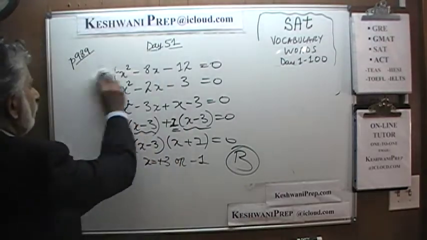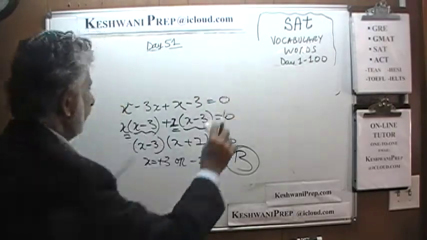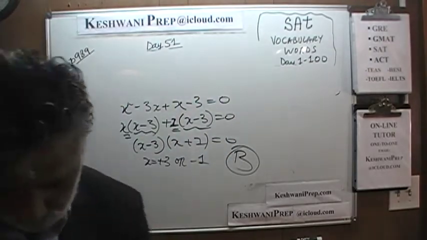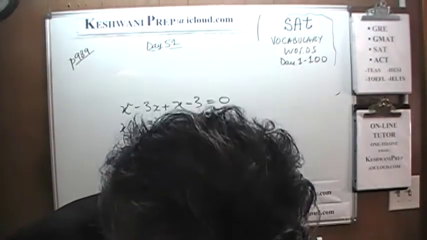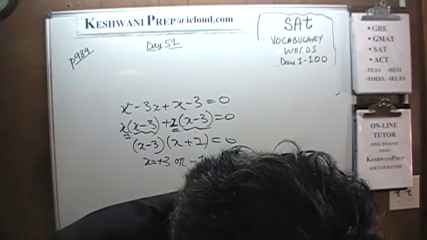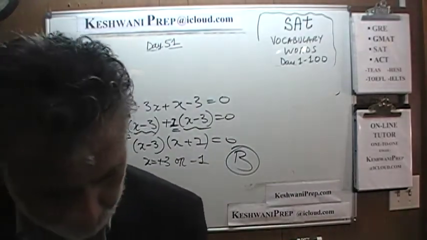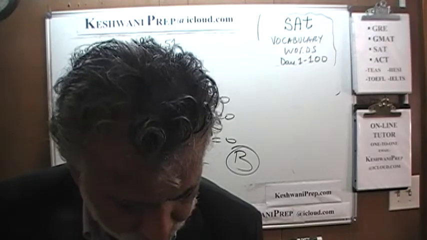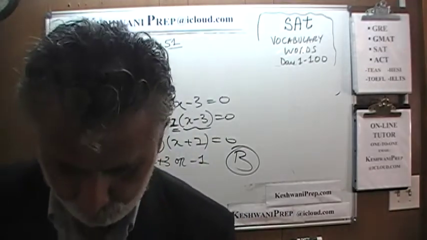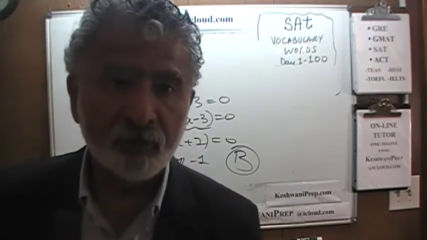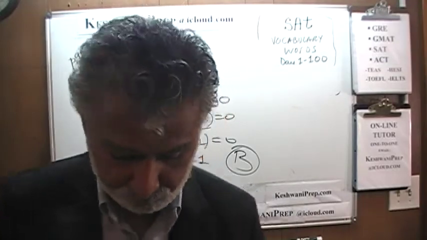Number 4. Let's see what we have in number 4 on the next page. It says, which of the following is an example of a function whose graph has no x-intercept? Well, if it has no x-intercept, it has no real solutions, obviously.